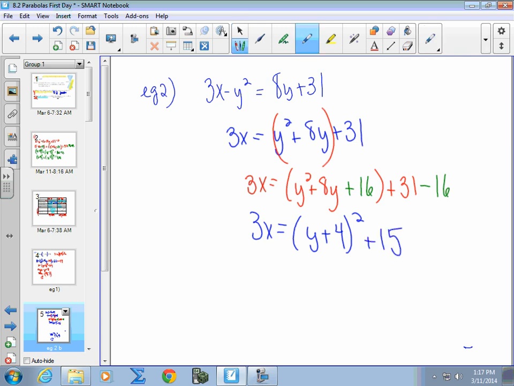Now we want to divide by 3, but we want to divide everything by 3, so we have y plus 4 squared divided by 3 and 15 divided by 3.